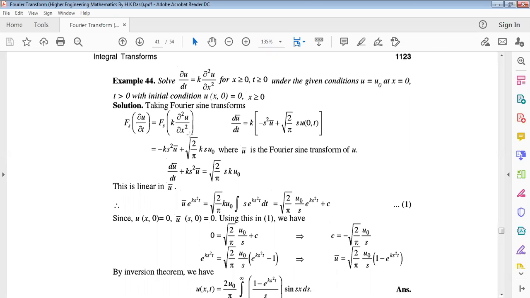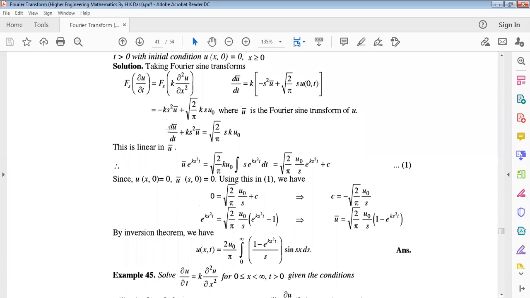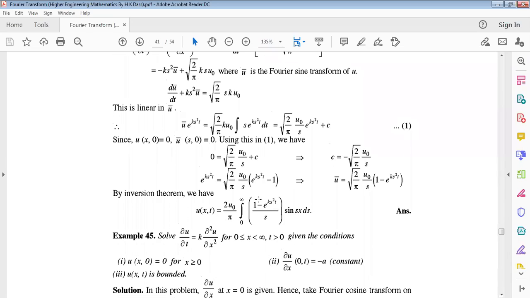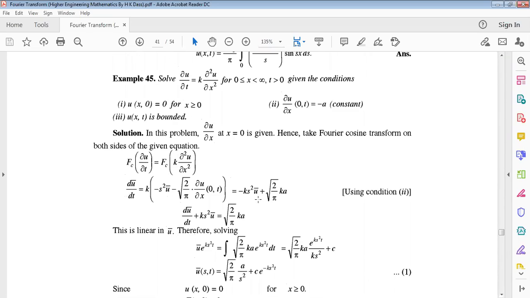Now taking the Fourier sine transform, just as before, and making a differential equation, and using the auxiliary equation we get the solution of this u bar, which equals this, plus c, the integral constant. Using the given boundary condition, from equation 1 we get this, this is the solution. Now practice it at home, if you don't understand, tell me in the next class.